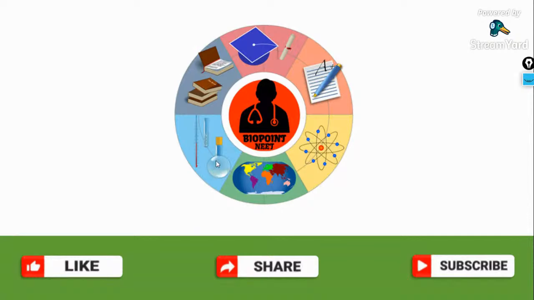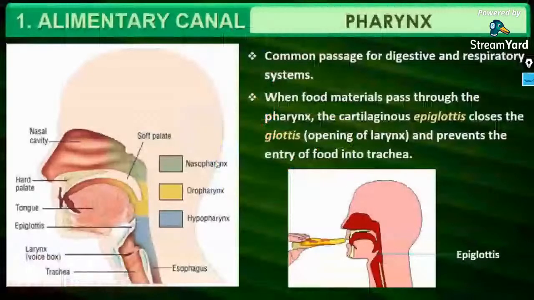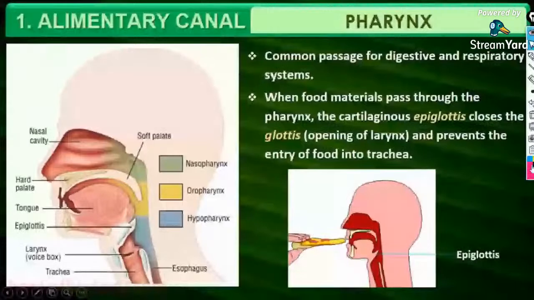Let's get started. In the last class, we studied the topic of our mouth. Can you please recall and tell me what were the different kinds of characters that human teeth have?